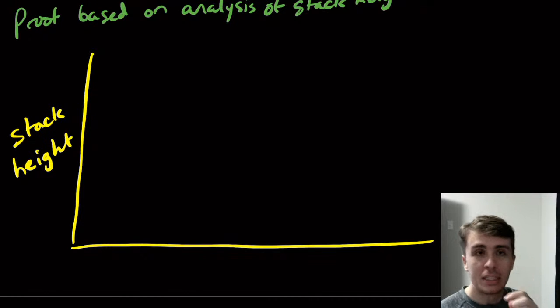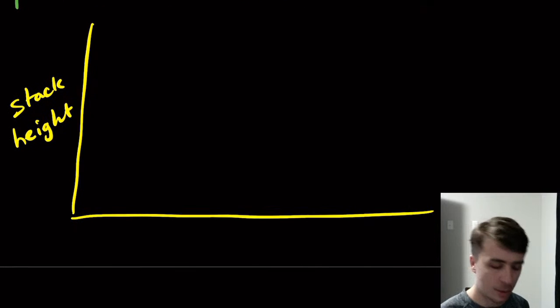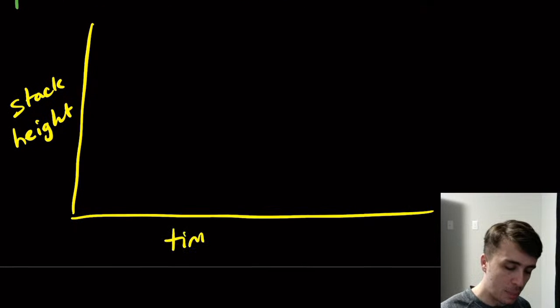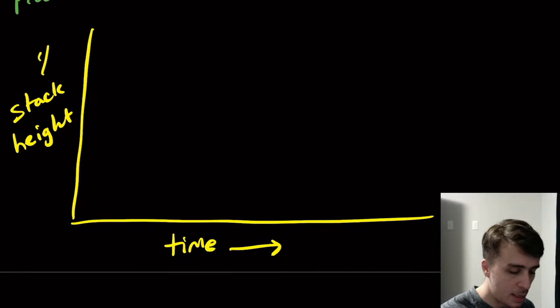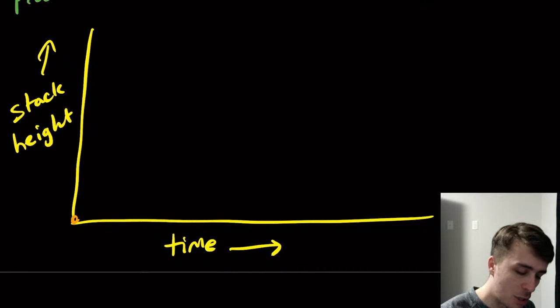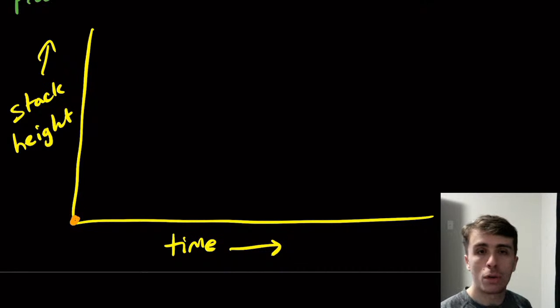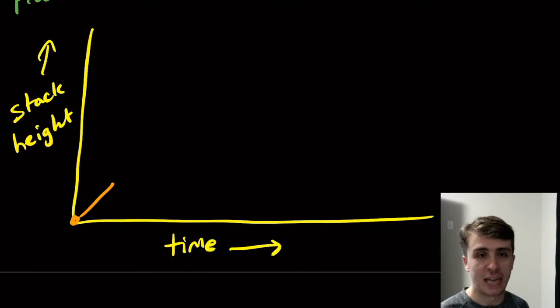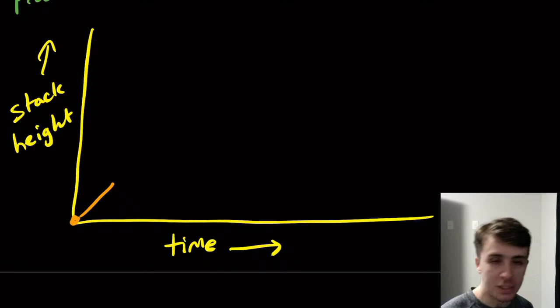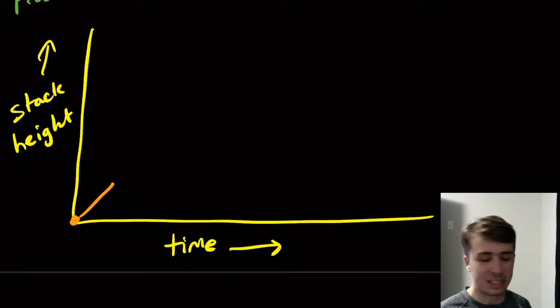This is not any particular example. This is just getting the concept across. And then time is going to be on the horizontal axis, which means the number of transitions that are applied. Remember that the stack starts empty, and in order for this PDA to actually do anything, it must push something onto the stack. Because if it tries to pop, then the computation stops because the stack's empty.